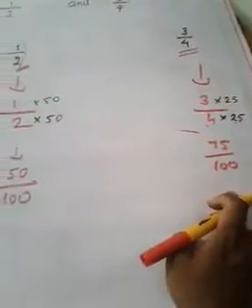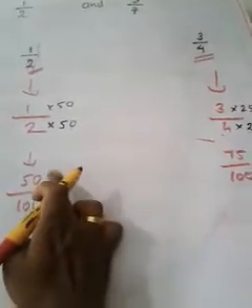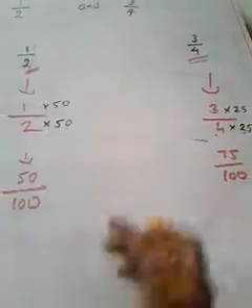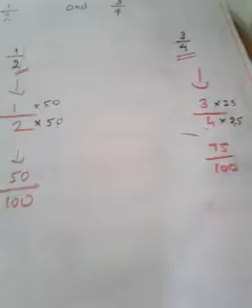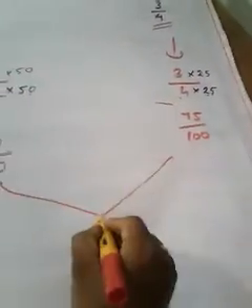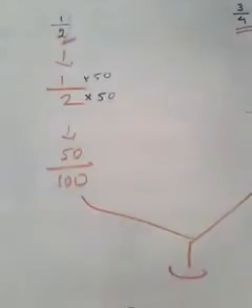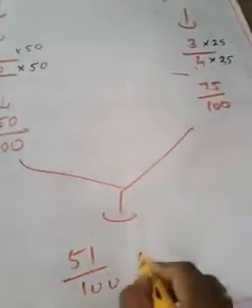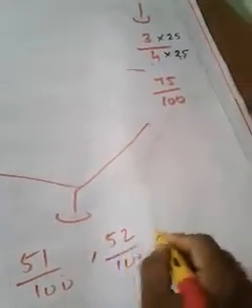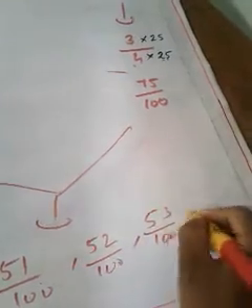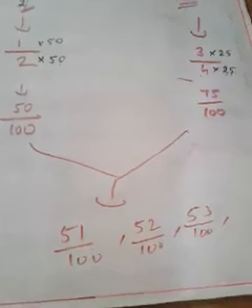Now both denominators are the same. Can you find some numbers in between 50 and 75? Yes, 51, 52, 53, up to 74. That means the rational numbers in between 1 by 2 and 3 by 4 are nothing but 51 by 100, 52 by 100, 53 by 100. In that way we can easily write many rational numbers. We need just 10 only. You may have understood the method.